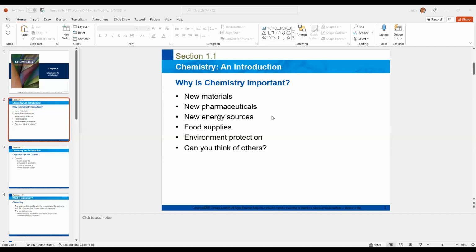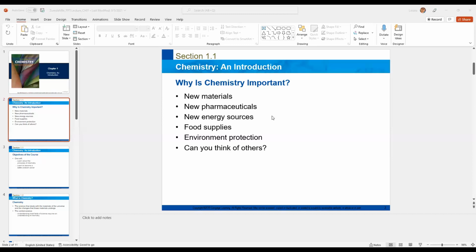Right now we are trying to go into clean energy, so chemistry is very important in order to get this kind of energy. Also, it's important because of the food supplies and the environment protection.